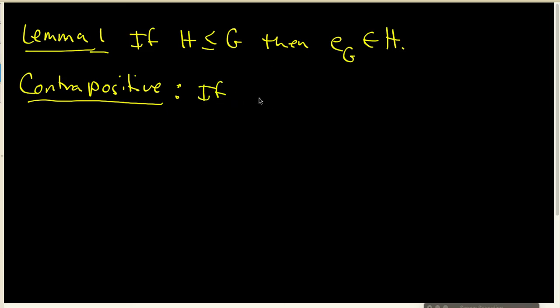It says, if the group identity does not live inside some subset H, then H cannot be a subgroup of G. And this contrapositive gives us an easy way of testing whether or not some subsets are subgroups. If the group identity is not in the subset, then the subset's not a subgroup.